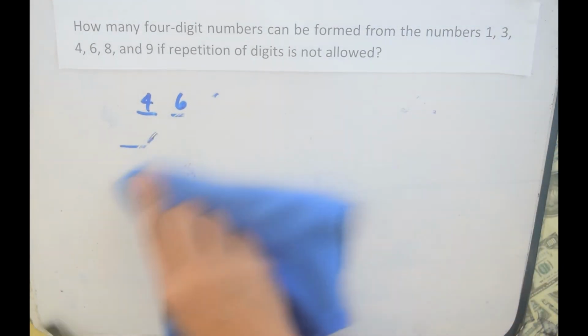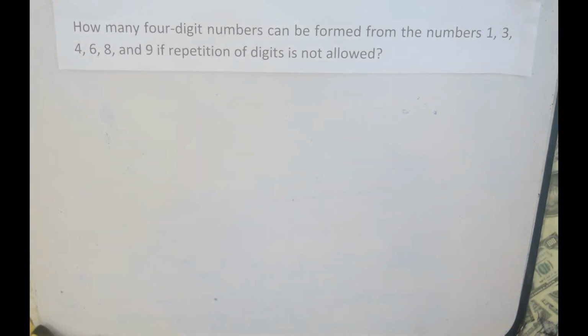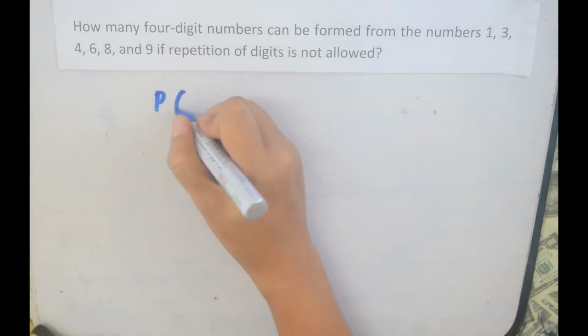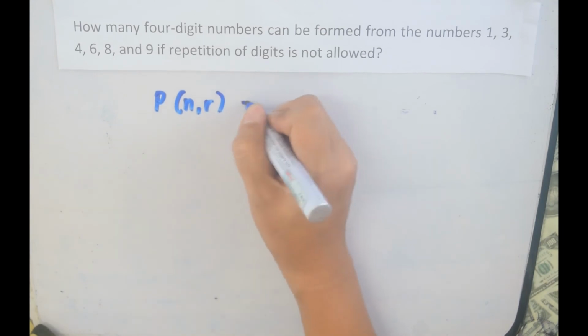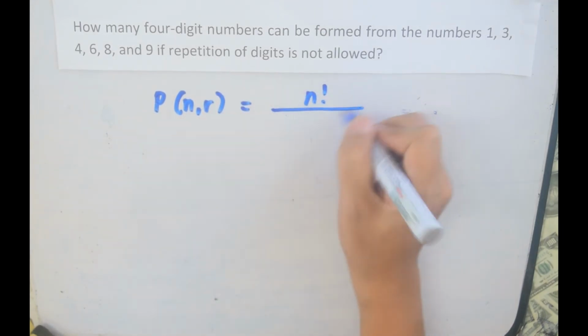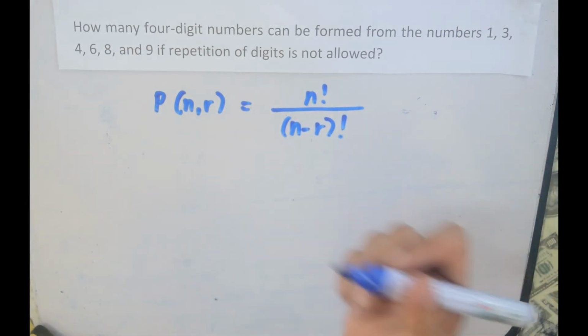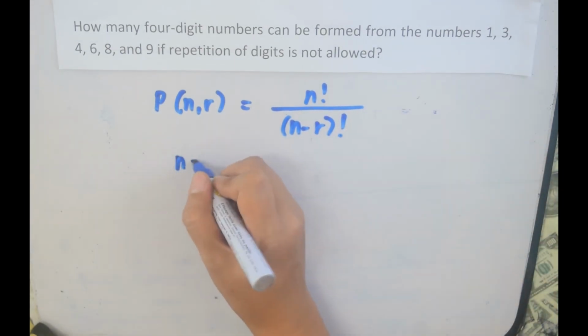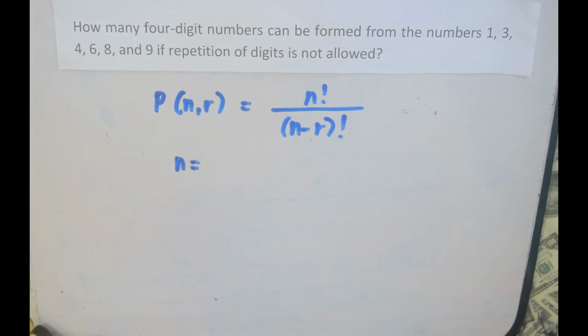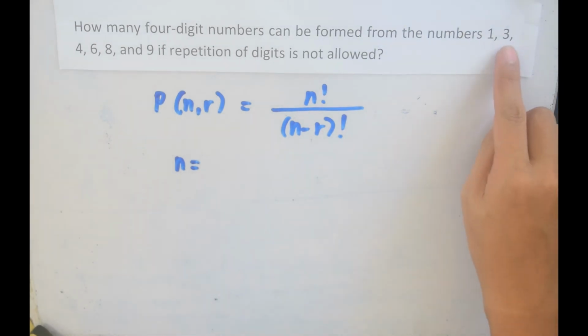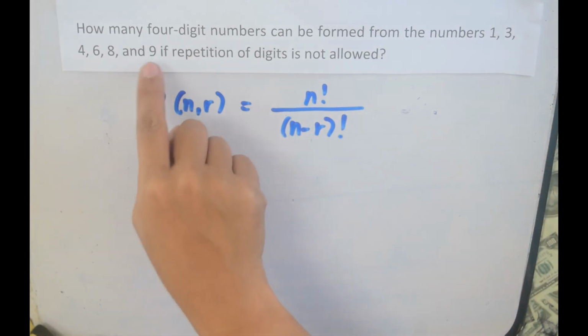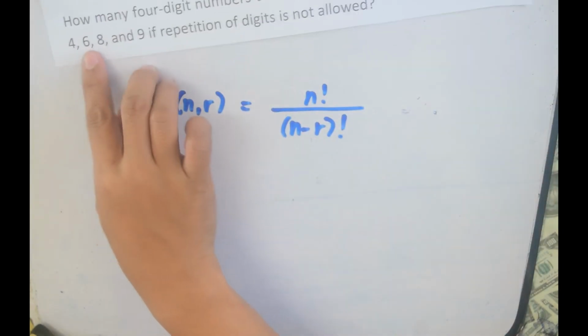Okay? Using permutation, that's the formula: permutation of n taken r at a time is equal to n factorial over n minus r factorial. Your n here is the number of elements in the set 1, 3, 4, 6, 8, 9. So 1, 2, 3, 4, 5, 6.